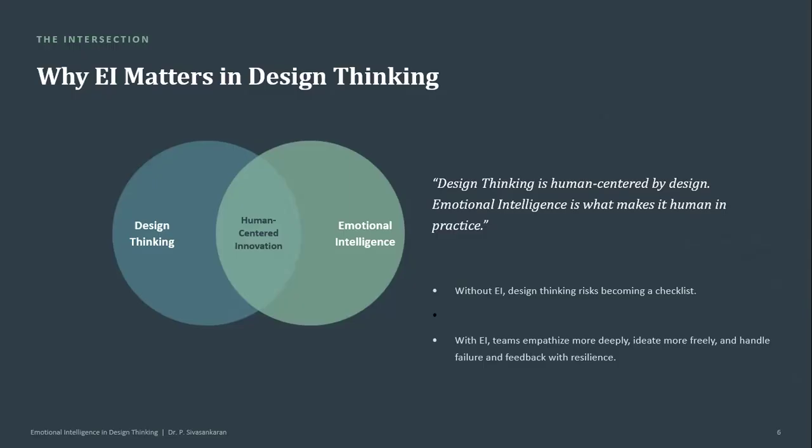Empathy, that is the first stage of the design thinking process, enables us to understand the basic user needs when we design a solution for all problems. Self-awareness minimizes personal bias, motivation sustains innovation, self-regulation helps us to remain calm during failures, social skills improve teamwork and communication. Together, these competencies create meaningful human-centered innovation.